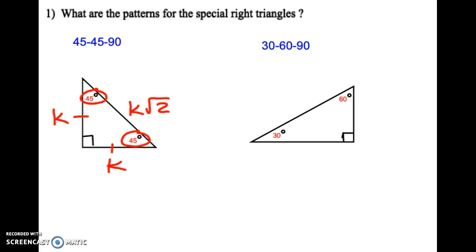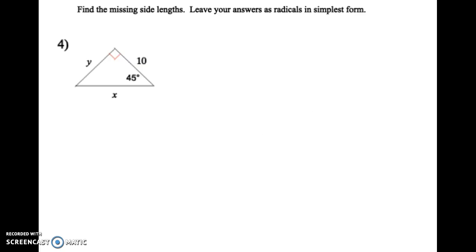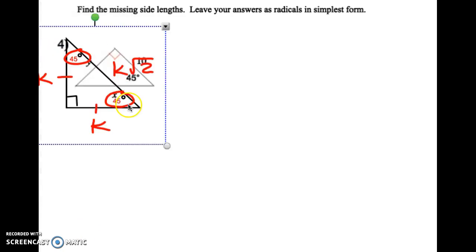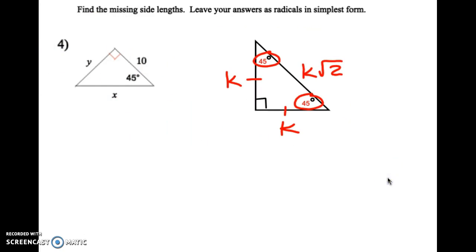So let's take a look at the ones on the worksheet that are a 45-45-90 right triangle. Let's look at number 4. If we look at our pattern, we're supposed to have two sides that are the same.